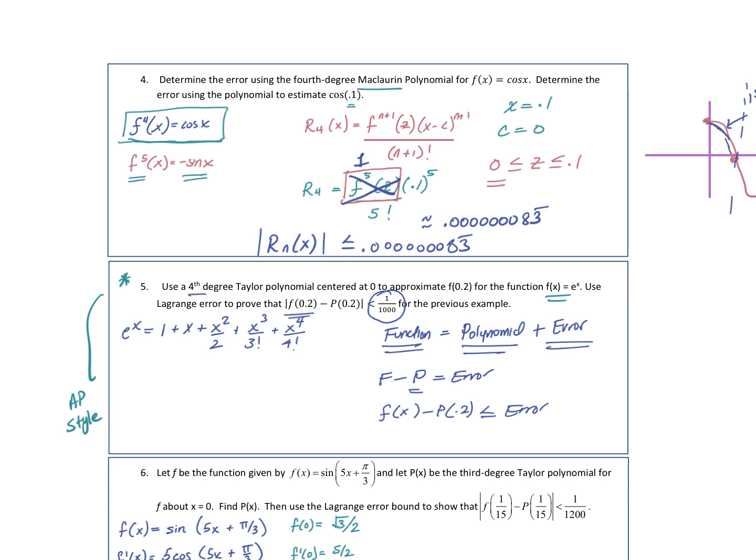It's 4th degree, which means I need to go to the 5th derivative, but e to the x is so easy, right? If I did f5 of x, it's just going to be e to the x. It's centered at 0, so f5 of 0 equals e to the 0, which is 1. So that's the first thing, that's for the error formula.